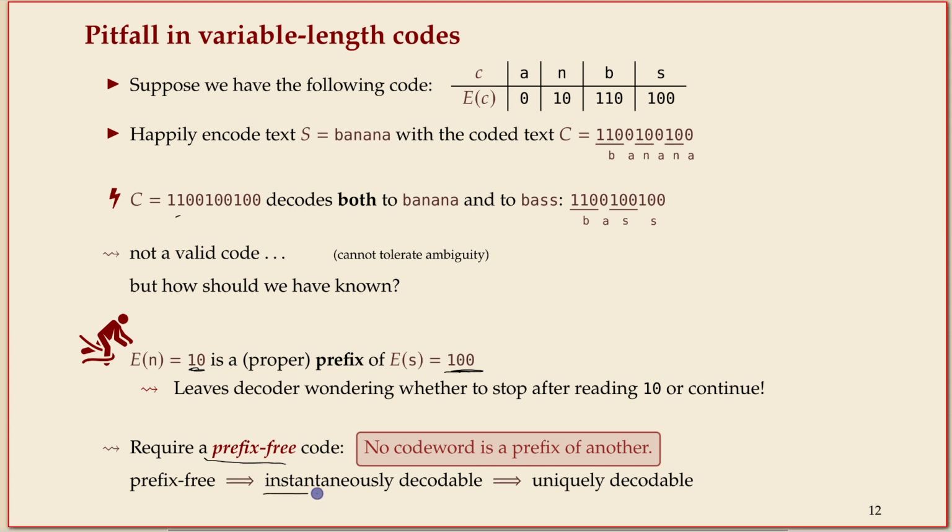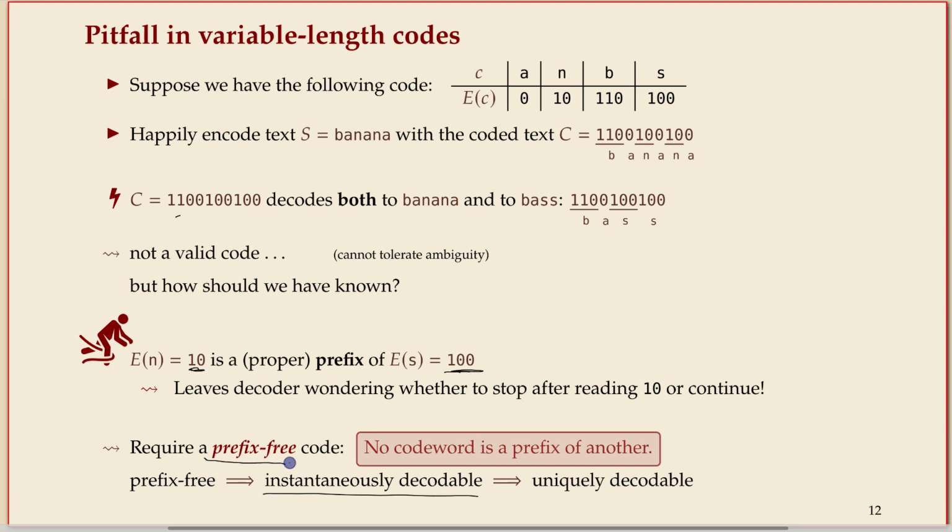This class of codes is also called instantaneously decodable, because if you scan through the coded text, you can immediately report a character as soon as you've seen a code word. You don't have to think ahead of time, oh, maybe I'll have to backtrack, as you would in this situation. As soon as you've seen a code word, you can spit out the source character.